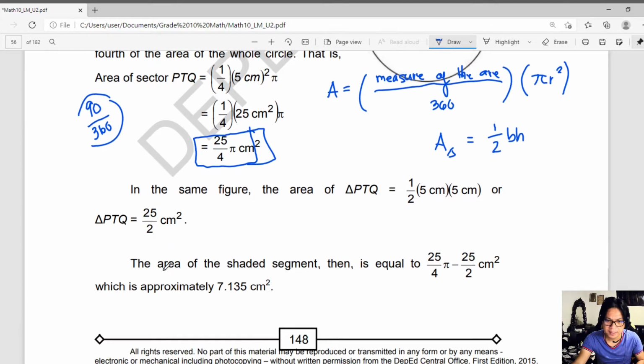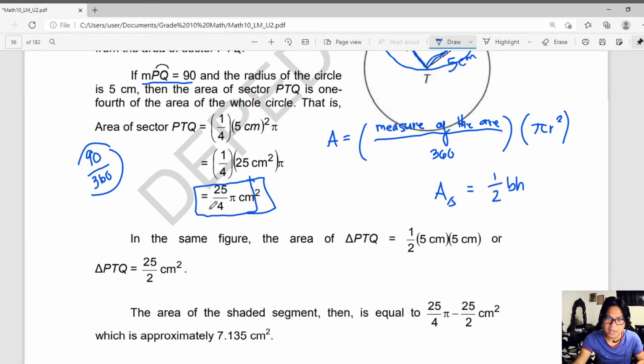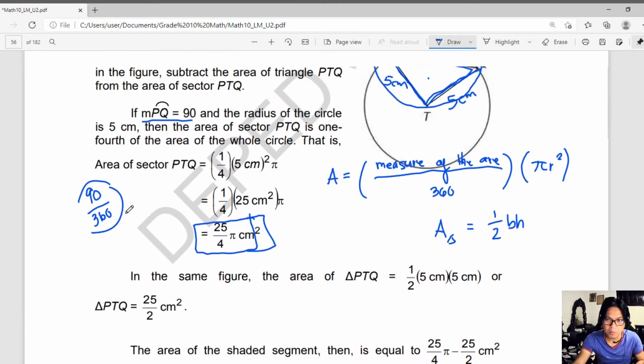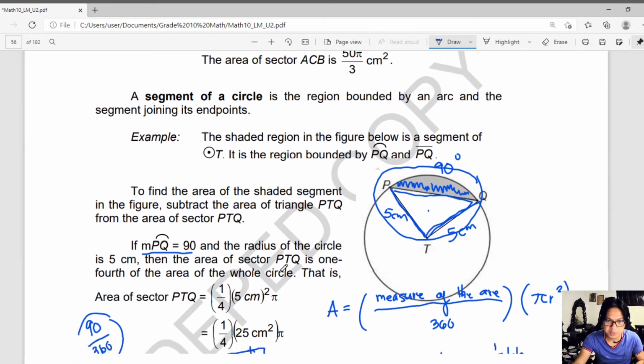Since we now have the area of the sector of the circle and the area of the triangle, to get the segment we just subtract.